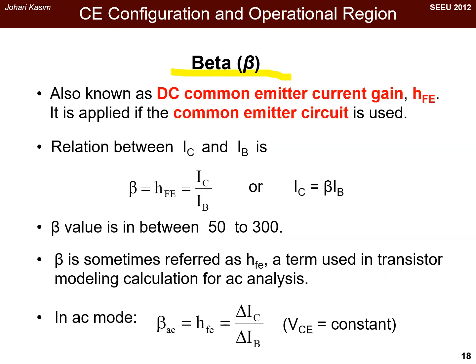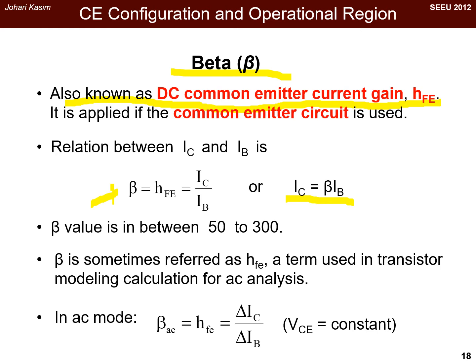Beta is one of the most important parameters for the transistor BJT. It is also known as the DC common emitter current gain, hFE. Beta is equal to IC over IB, so we can say that IC is equal to beta times IB.